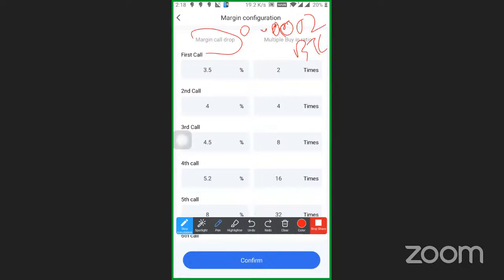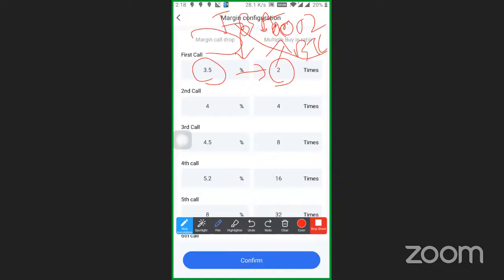So if you make the first buy with this BTC and the market drops 3.5% below, you were asking the robot to go and buy 2 times of this amount of BTC. That is your first buy amount, FB, right?